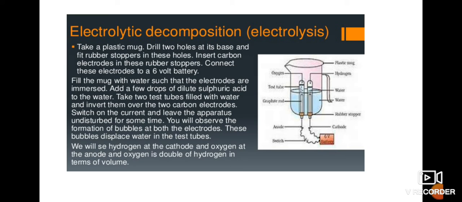We will also find that the amount of gas collected in one test tube is much higher than in the other, because of the initial reaction, H2O. So more amount of a particular gas is present in one of the test tubes as compared to the other one.